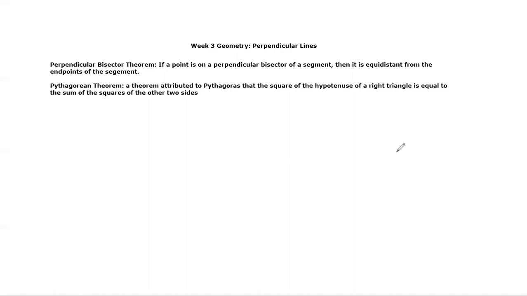Okay, so basically, what do these two things mean? Well, the first one, the perpendicular bisector theorem. What that's saying is if we have two lines and there is at least one right angle formed by making those two lines, a couple things happen. So if you remember from last week, a straight line is 180 degrees.